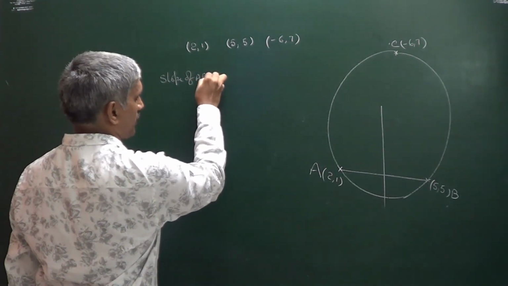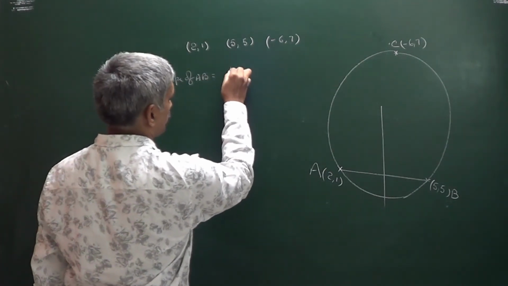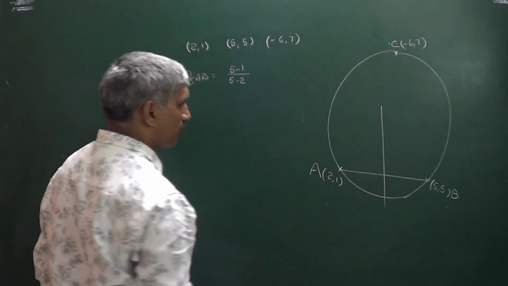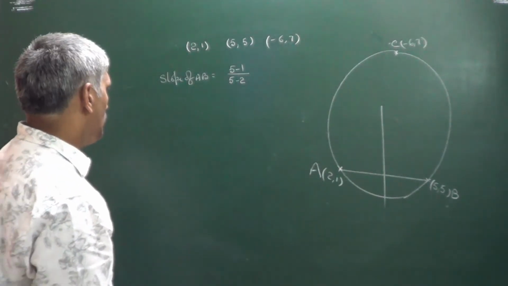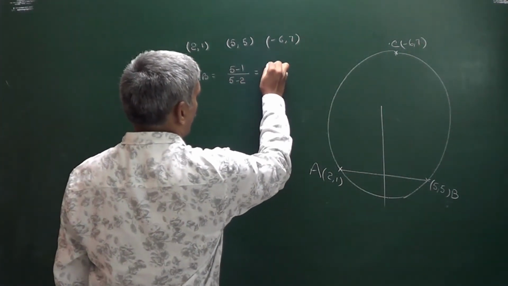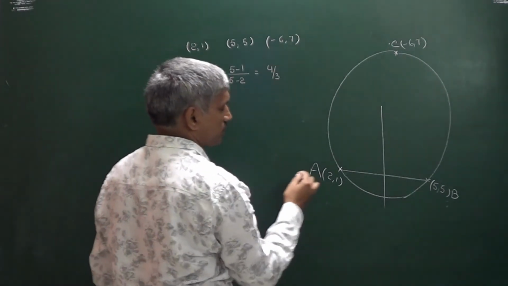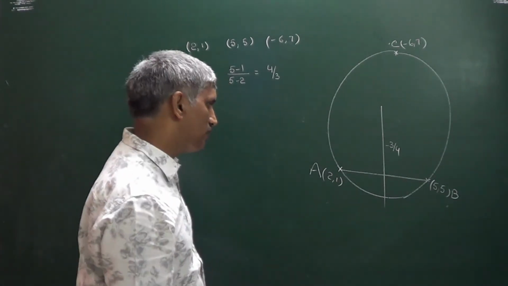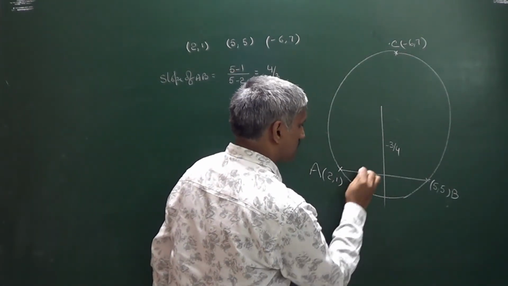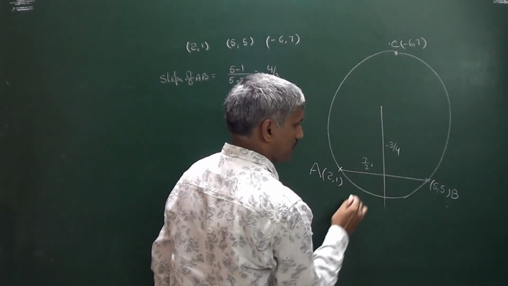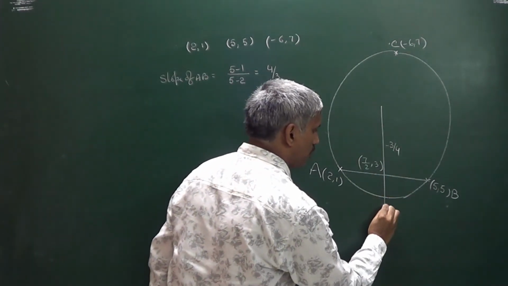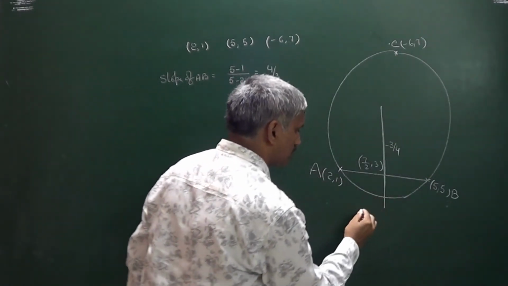The slope of AB is (5 - 1)/(5 - 2), which is nothing but 4/3. So the slope of the perpendicular is -3/4. What is the midpoint of these two? (7/2, 3). Now you can find the line equation.